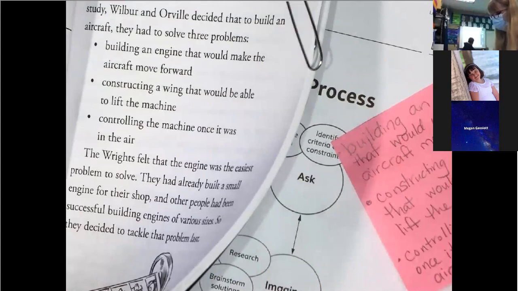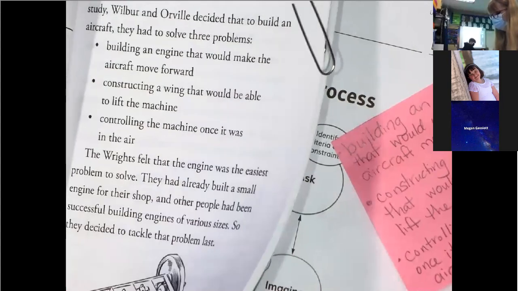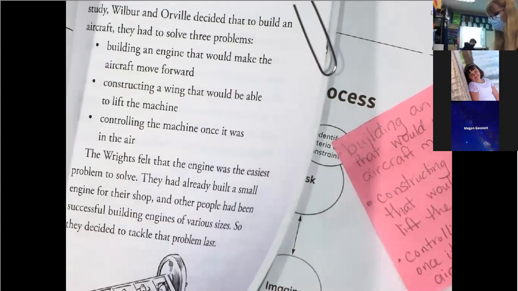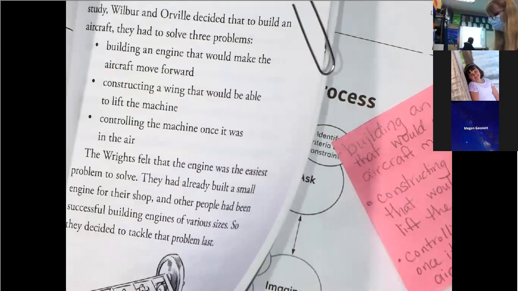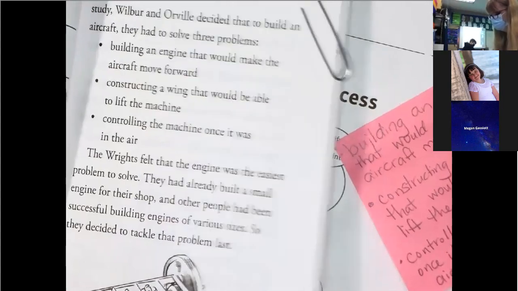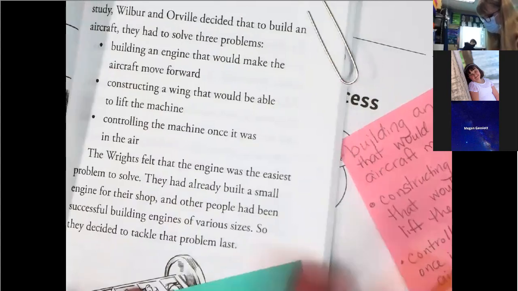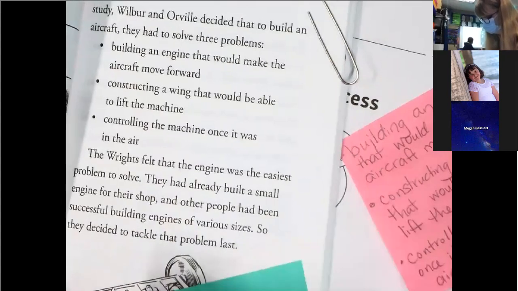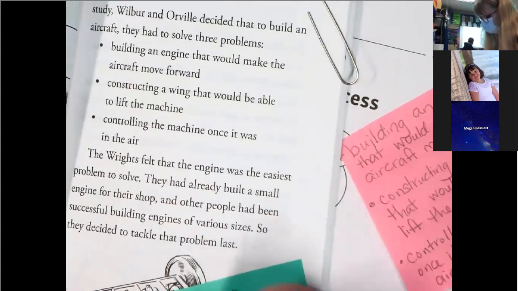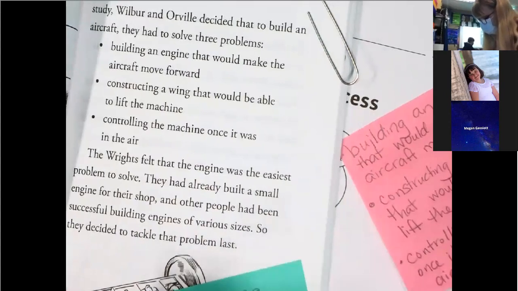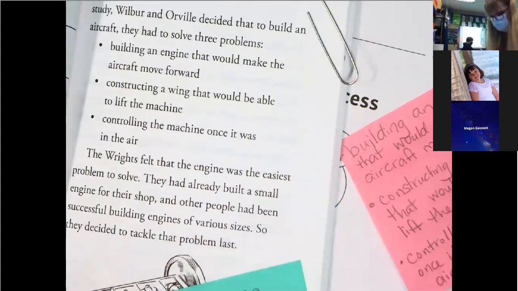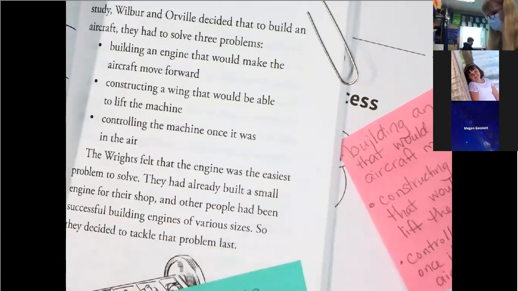That part where it says they decided to tackle that problem refers back to engine. So that is brainstorming a solution, selecting a solution. That's imagine. So I'm going to put build engine last as imagine.